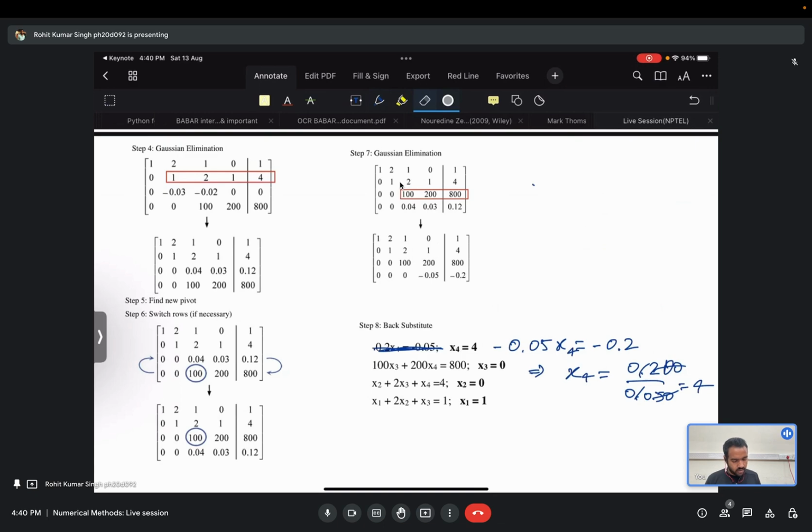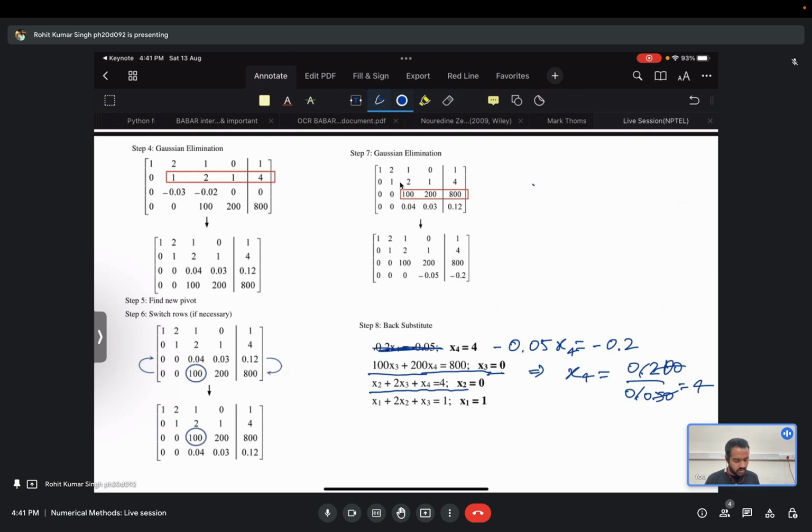Okay, similarly from the third row, you'll have this equation, and it will give x3 as 0, because you have x4 here as 4, so 200 into 4 will be 800, and so x3 will be just 0. And from the second row you will have this equation, putting x3 and x4 you can get x2, which will also be 0.